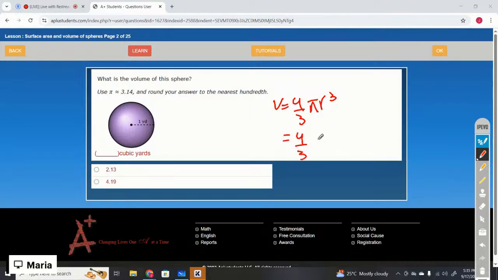The 4 by 3 times 3.14 times 1 cube. So 3.14 times 4 divided by 3, that is 4.19.